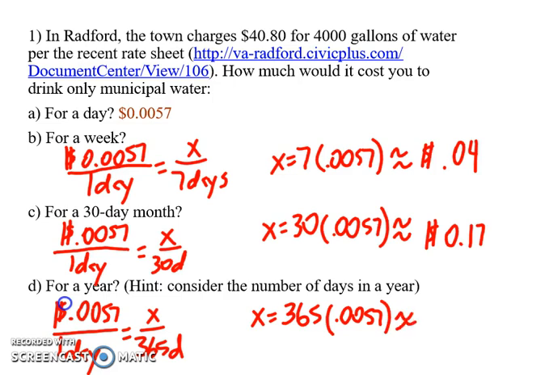And that's going to be approximately $2.08. If I drink the allotted amount of water I need to drink in a year with Radford's water, which is clean and healthy, it'll cost me $2.08. That's amazing when you think about the cost of how much we pay for bottled water.